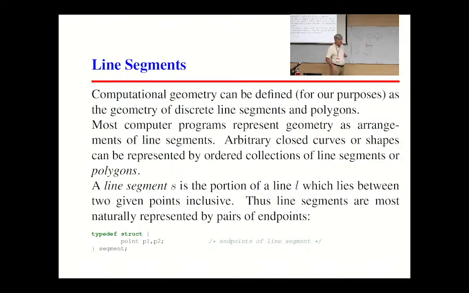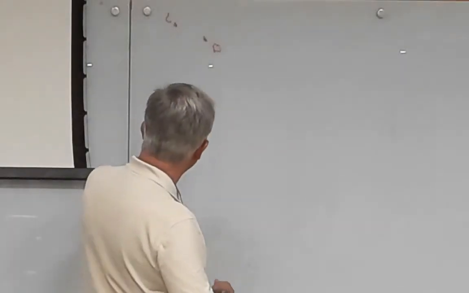Now what is the difference between computational geometry and what I'll call real geometry? Real geometry tends to deal with lines, infinite lines. Computational geometry is typically the study of polygons and things like that, where you have objects made from line segments.